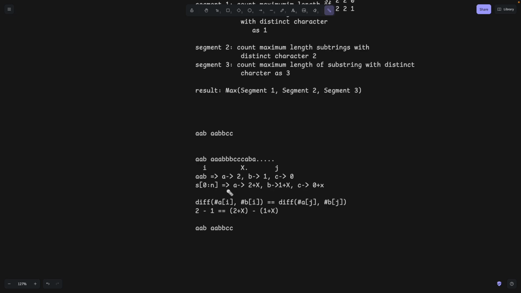And if that particular set is already seen, we can mark that as the length of the longest substring, right? This same trick can also be extended for four distinct characters.